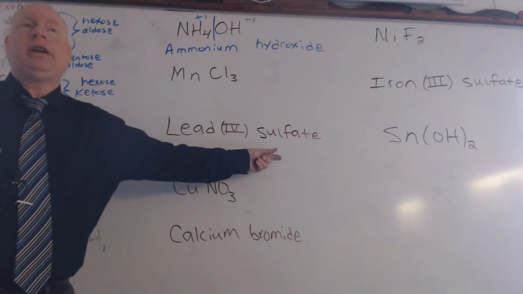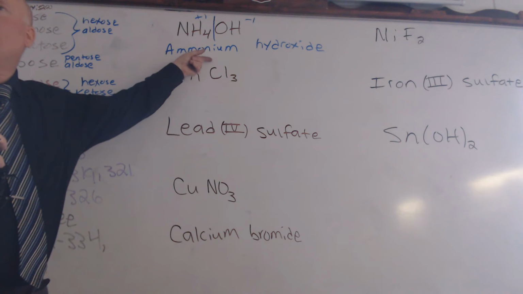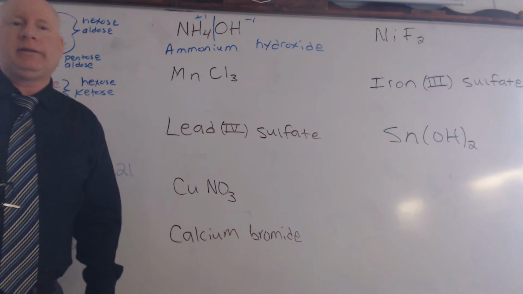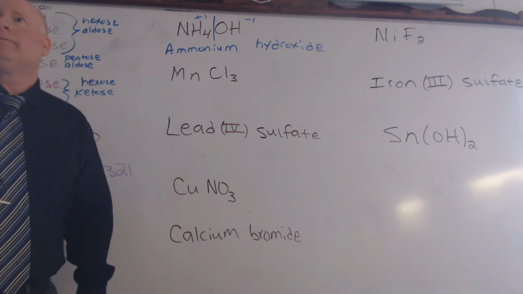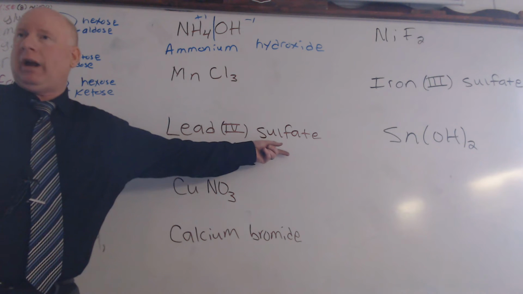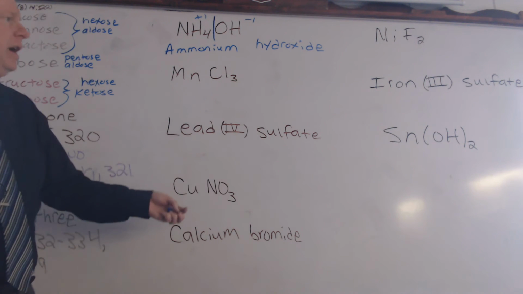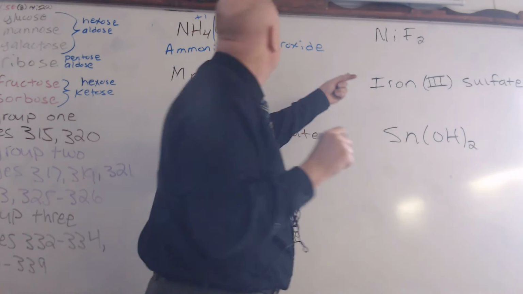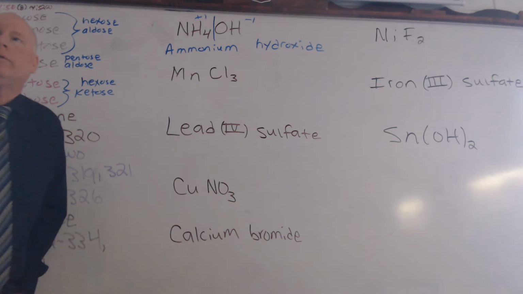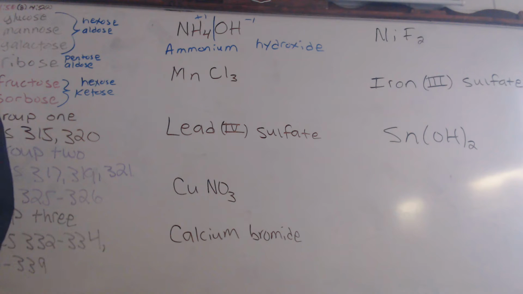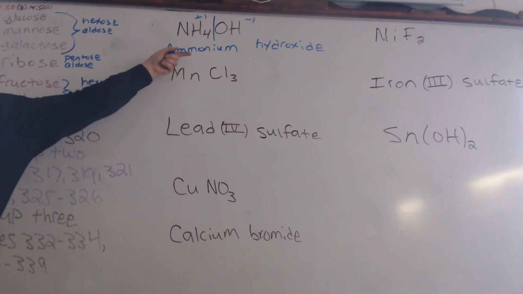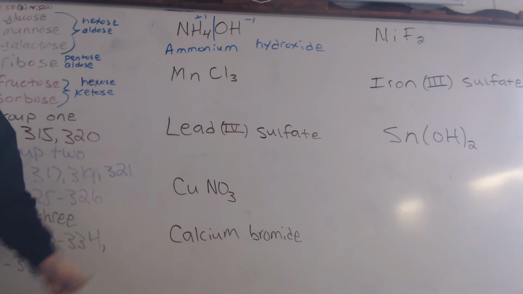This one I didn't put on there, so now I'm telling you that's what it is. I wouldn't expect you to know what sulfate is. That's why we have that written down for you. I wouldn't expect you to know what nitrate is. That's why it's on that paper. So what should have been down there, and that's my mistake, is NH4 should have been put on there for ammonium.